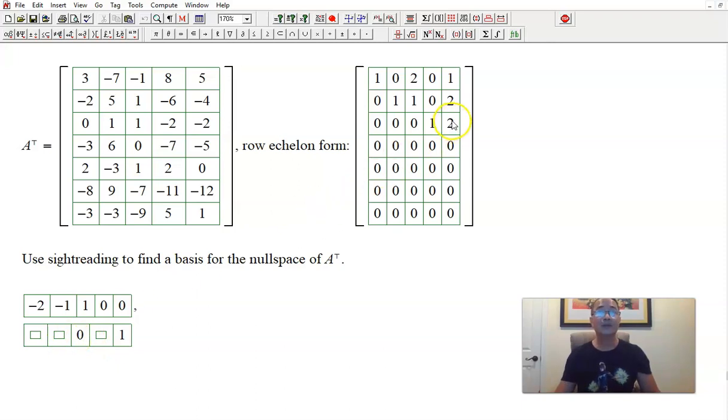So you will not make the mistake of putting the 2 in the third component. It goes in the fourth. So you have -1, -2, and -2. All right. So we have, of course, that the dimension of the null space of A transpose is equal to 2.